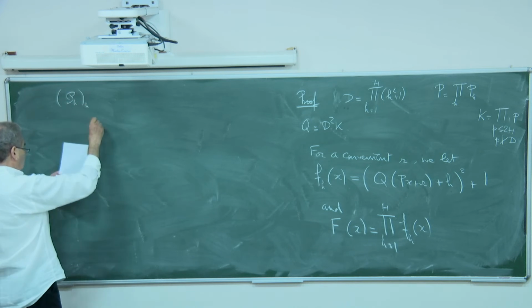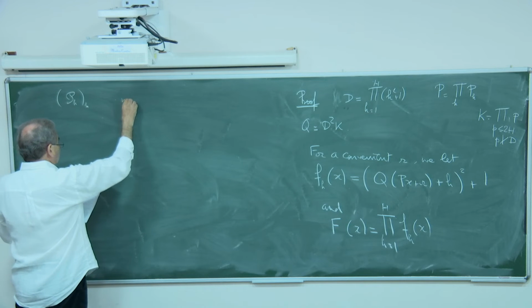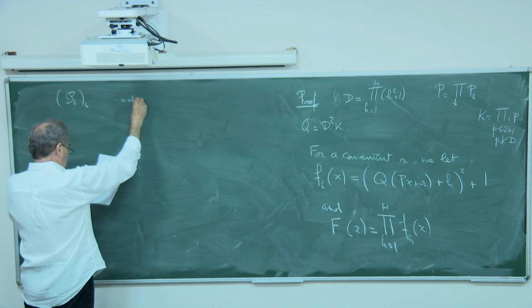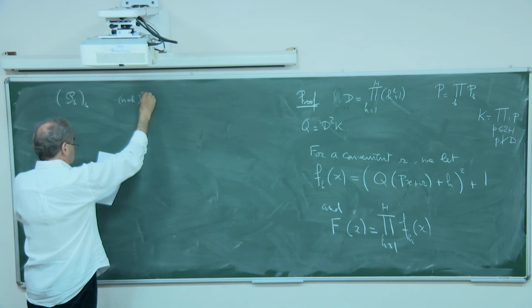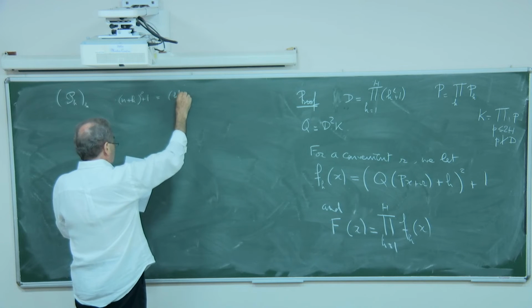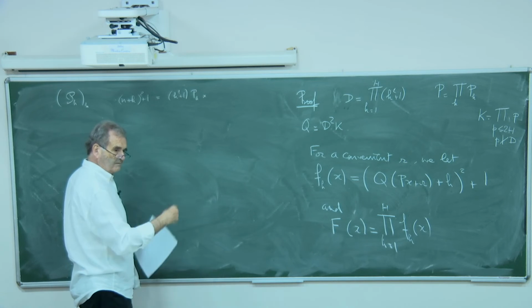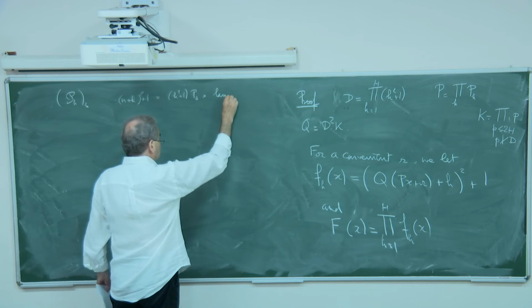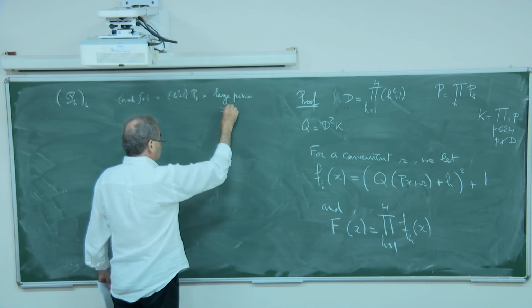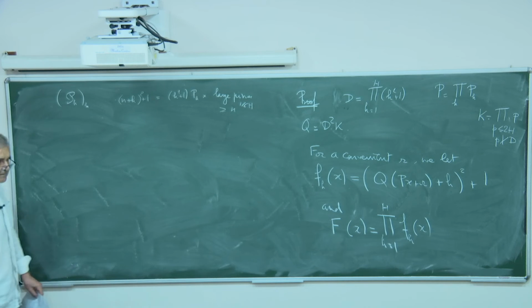So we have this family, and then we said that (n plus h) square plus 1 is (h square plus 1) times p_h times large primes, larger than n to the 1 over 6h or something like that. This was the proposition.